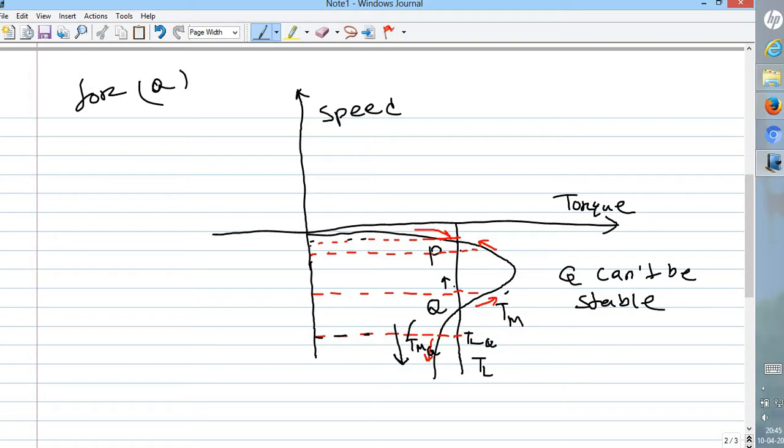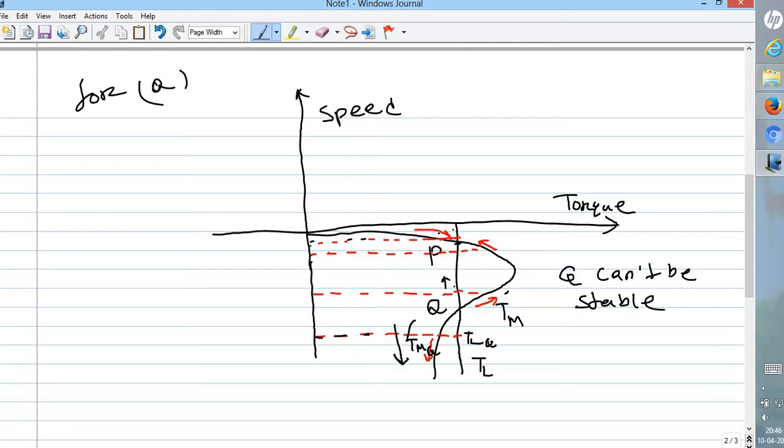Similarly, you can consider point P. For point P, consider a speed that is less than the speed at point P, this speed. Now you can see the load torque is more and the motor torque is less. That means the load will try to drive the rotor and so the speed will increase.